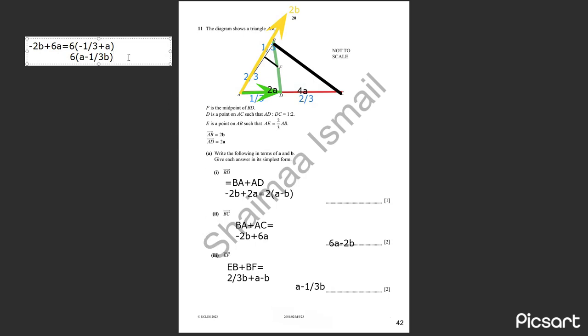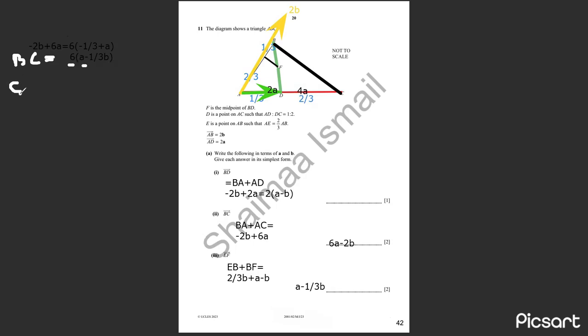So in this proof, the BC here is equal to 6(a minus a third b), and the EF here equals a minus a third b, so they are parallel, and this is a clear proof. Okay, let's see the next.